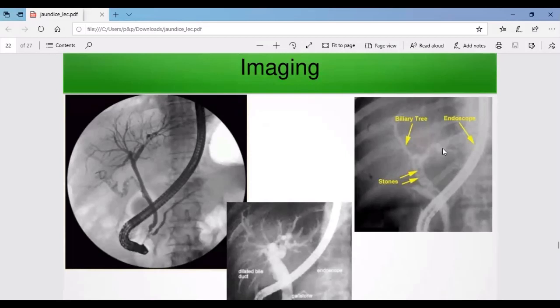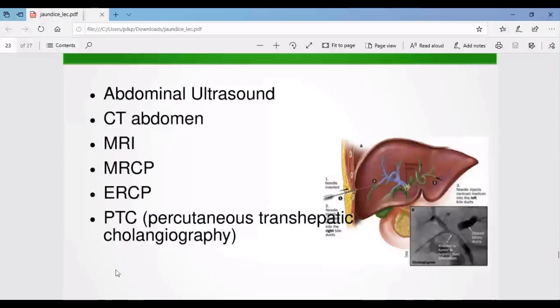Sometimes we cannot introduce our cannulas through the ampulla of Vater. The lesion is too tight, or there is a mass occluding the ampulla of Vater. Here the next modality we can resort to is PTC, percutaneous transhepatic cholangiography.